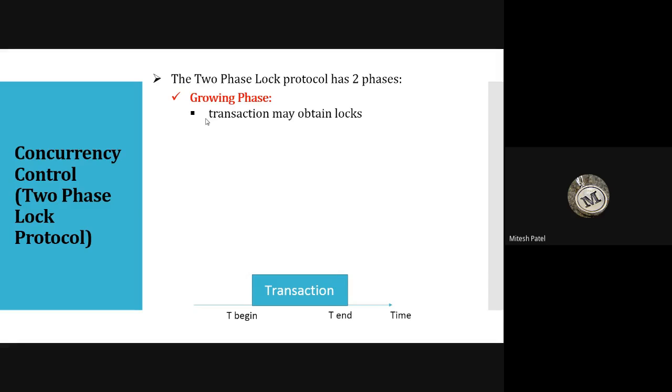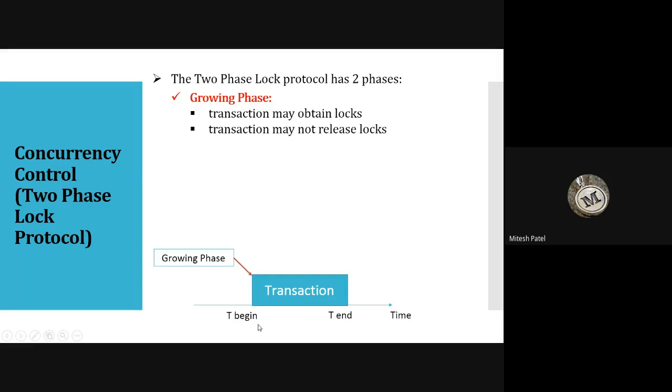Transactions can put locks on, but cannot release them. A transaction cannot release the lock in the growing phase. So a transaction may not release any locks.